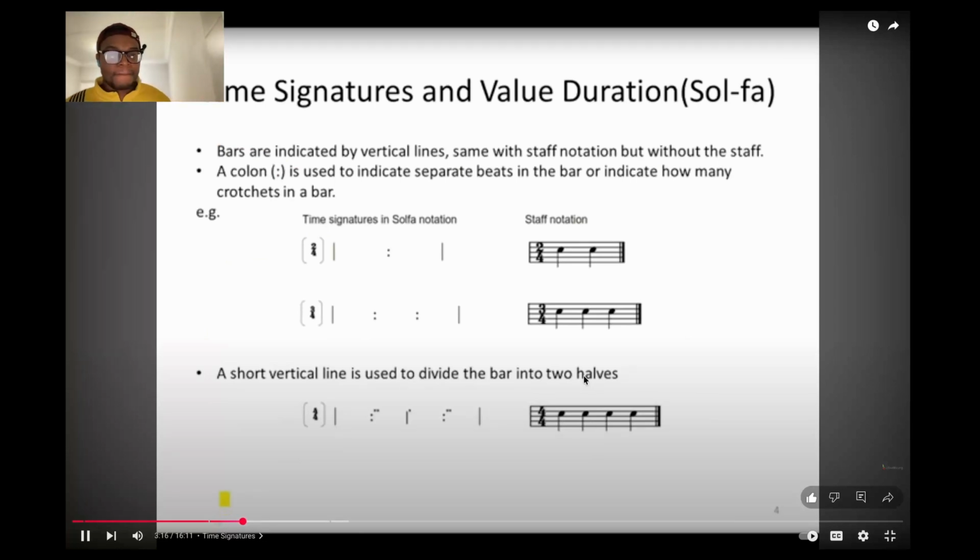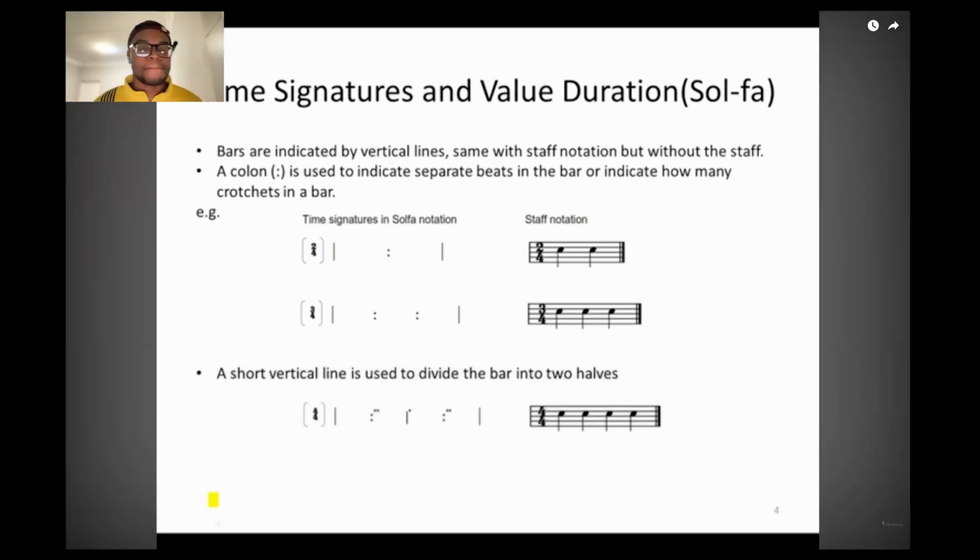Time signatures and value duration in Sol-Fa. First of all, bars are indicated by vertical lines. It's the same with staff notation, but without the staff. A colon is used to indicate separate beats in the bar or indicate how many crotchets are in the bar.